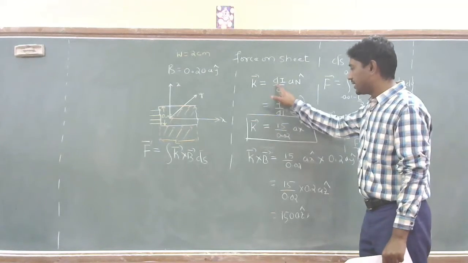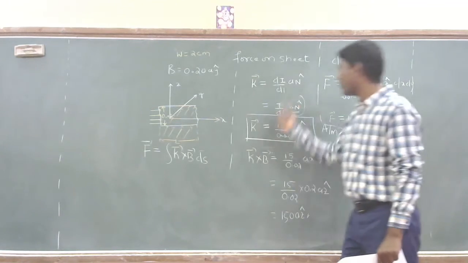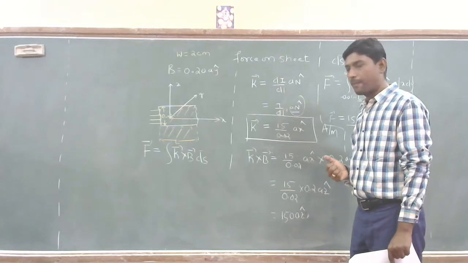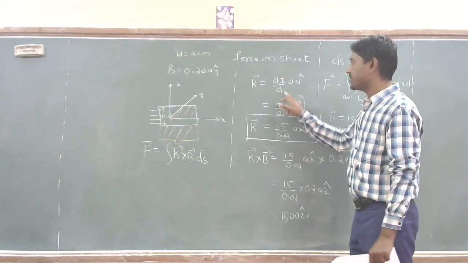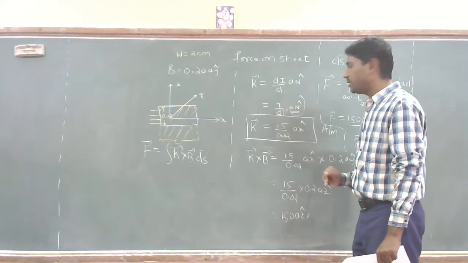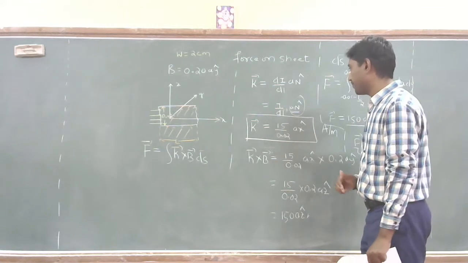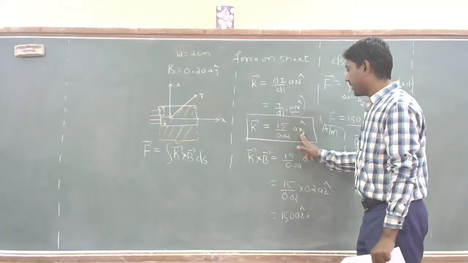We know the current, and we know the width. The dl is the width, which was 0.02. So I by dl is what we have got as K.